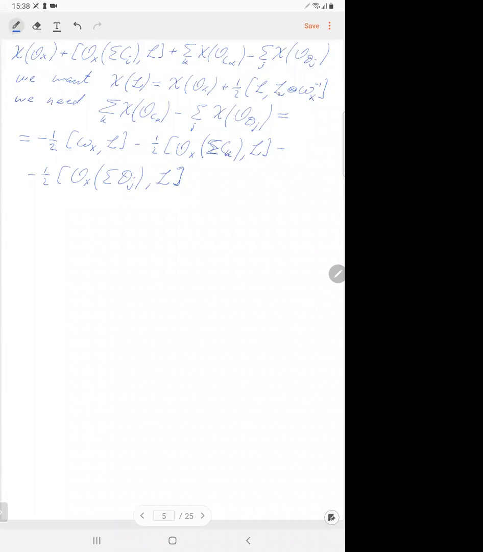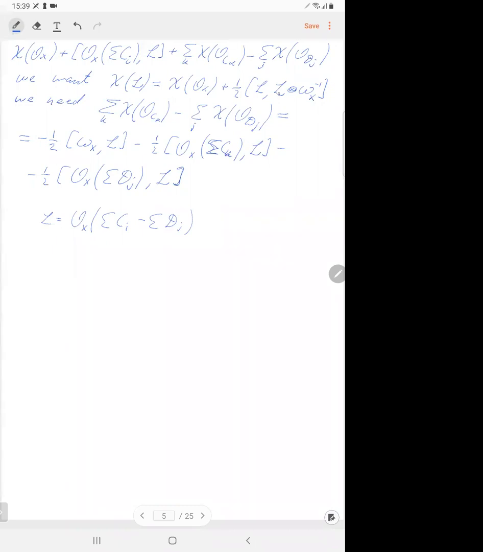No, again, by bilinearity. L is OX of some Ci's minus some Dj's, and well, it's just the tensor product of the corresponding line bundles.